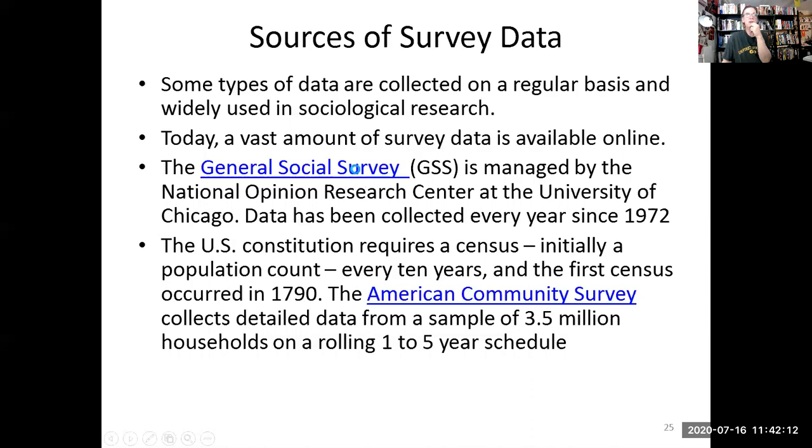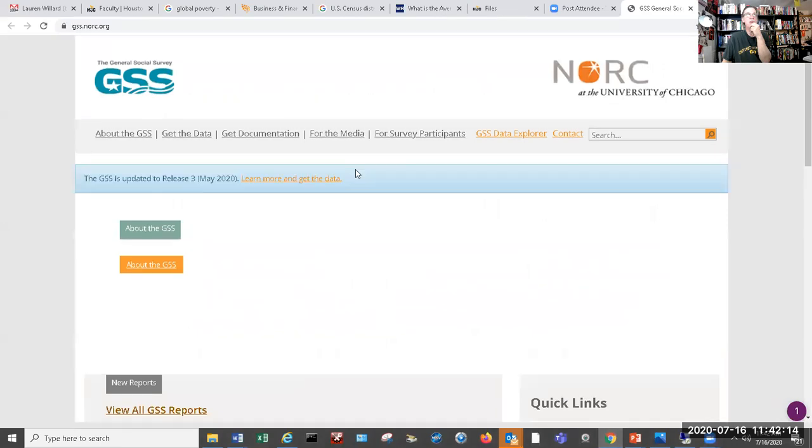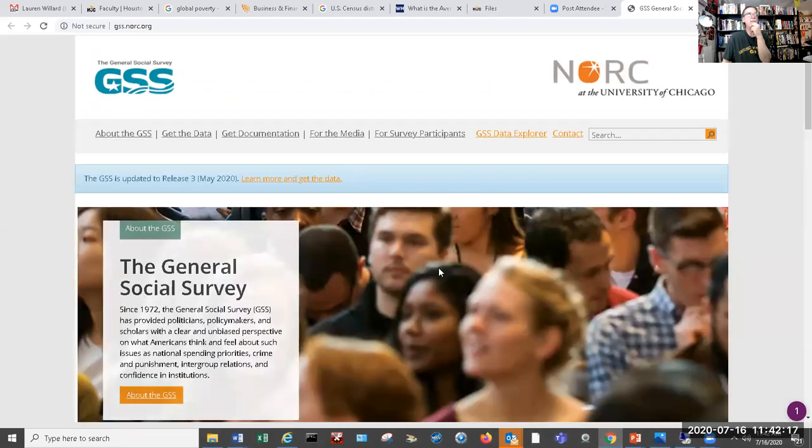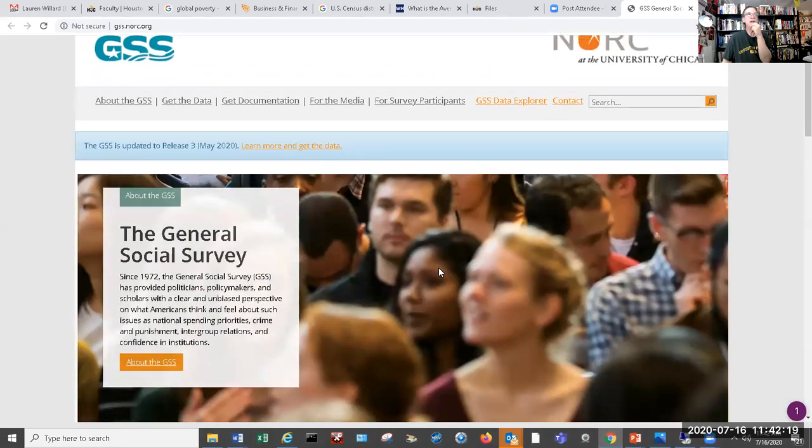Let's see if this is going to open. There it is. They've been gathering data since 1972 on a very wide range of issues. They get all the basic demographics, age, gender, how many people in the household, income, employment type, education, all that. And then they will ask questions about other social issues or social problems that are usually important at that particular period of time.